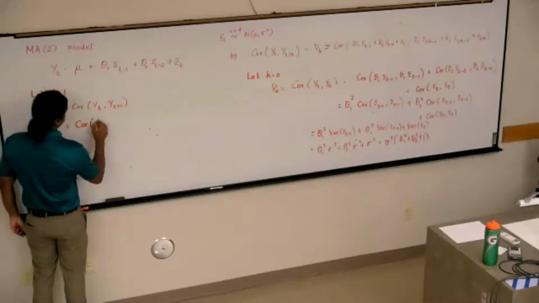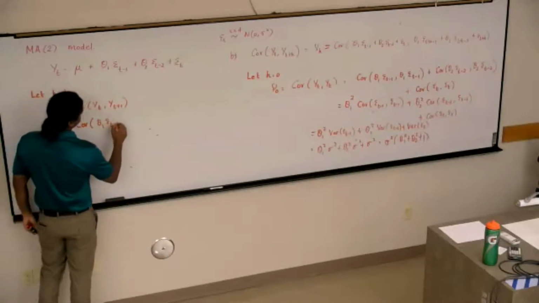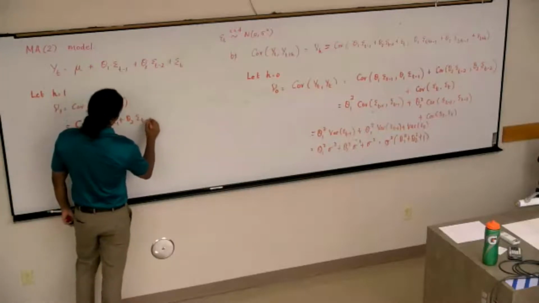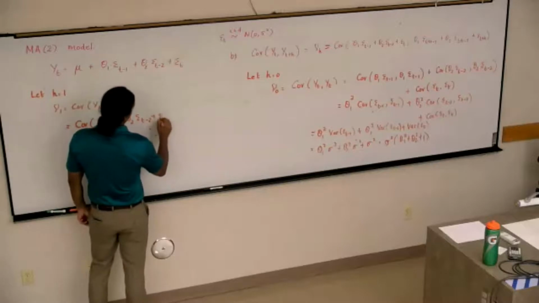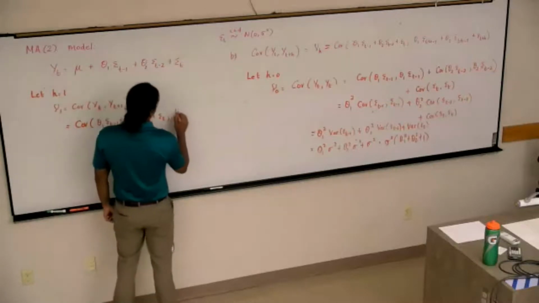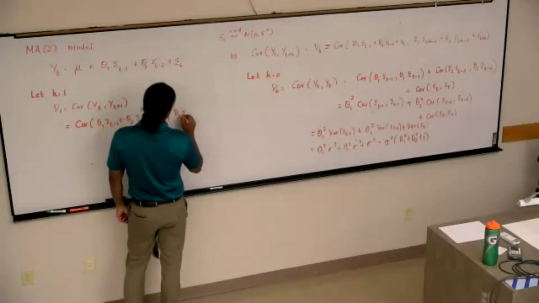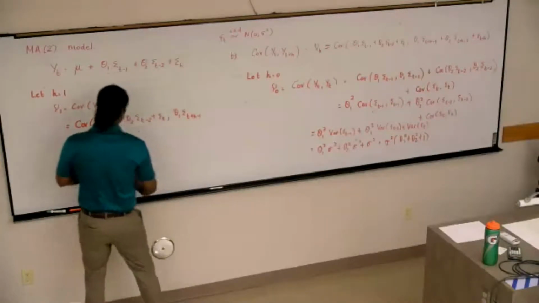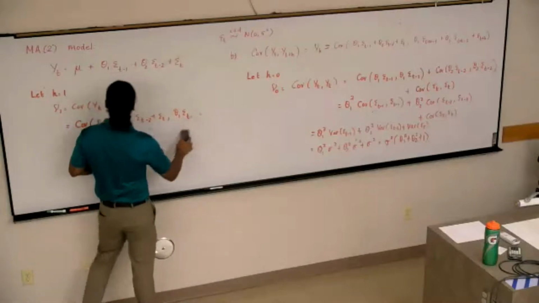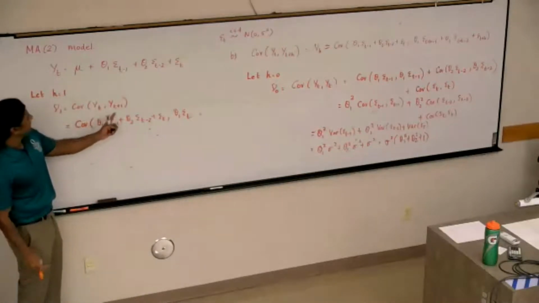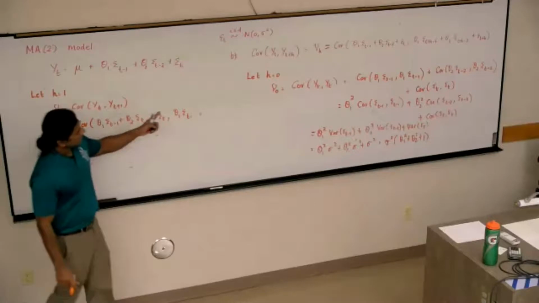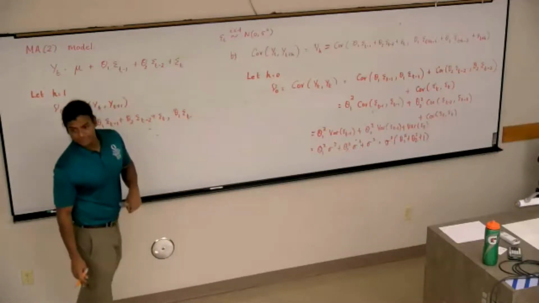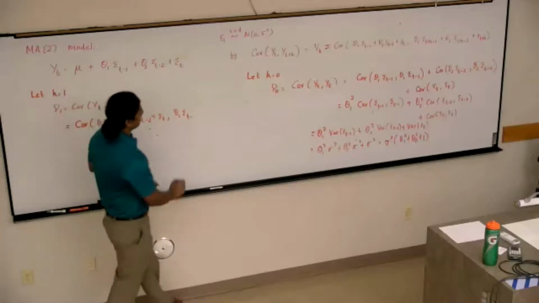That will be covariance of theta 1 epsilon t minus 1, theta 2 epsilon t minus 2, plus epsilon t, comma, theta 1 epsilon t plus h minus 1. I can plug in the h, right? If I plug in h equals 1, 1 minus 1 would be 0, so we would get theta 1 epsilon t.